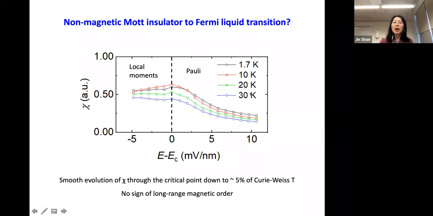I want to mention that in this case, near those points, the magnetic interaction energy has actually increased quite a lot. It's on the order of 30 Kelvin. So if I cool down the sample to about 2 Kelvin, we're talking about only 5% of the Curie-Weiss temperature, and I still see this smooth transition. That just tells me that I have not seen any sign of long-range magnetic ordering.